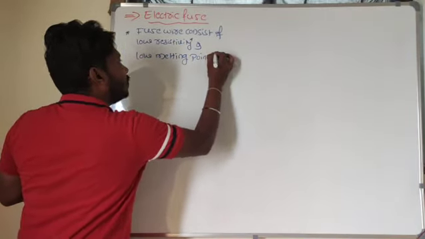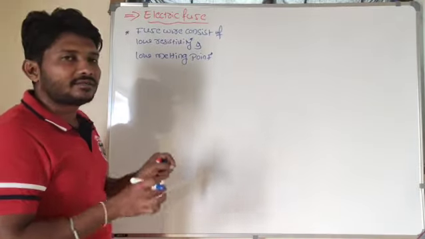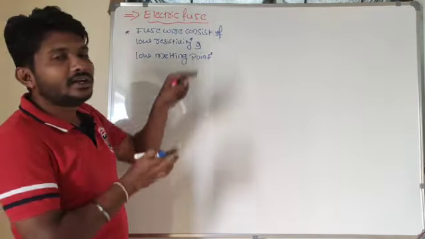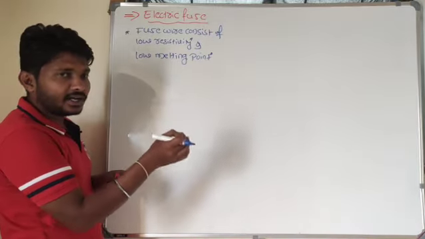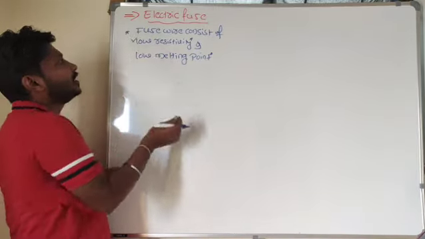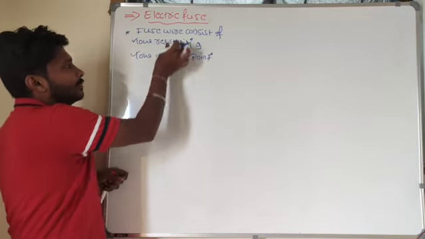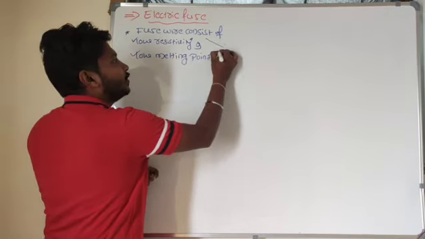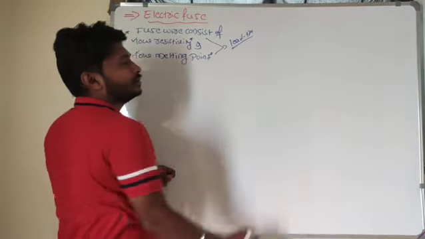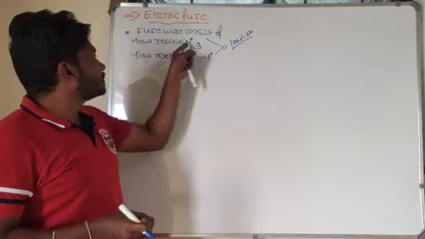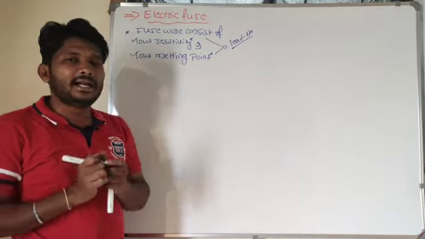These are the two major properties of the electric fuse wire. Whatever wire you take for the fuse must have low resistivity and low melting point. These two properties are given by the lead and tin mixture wire.